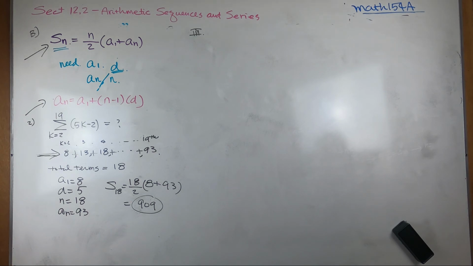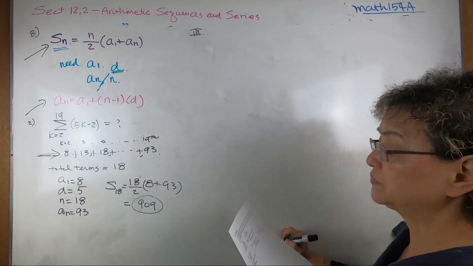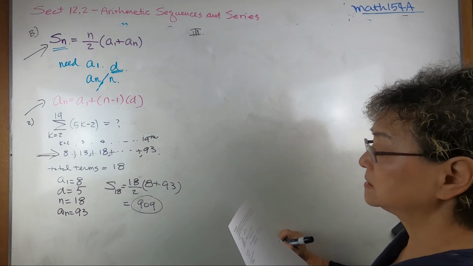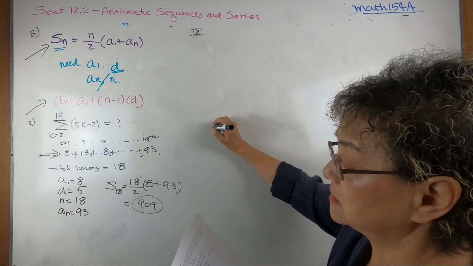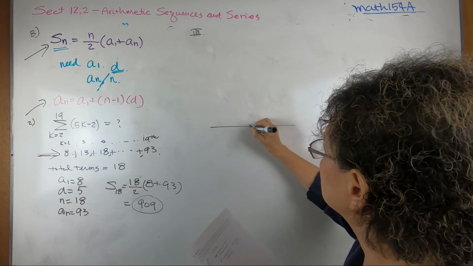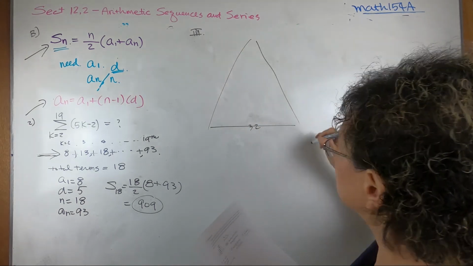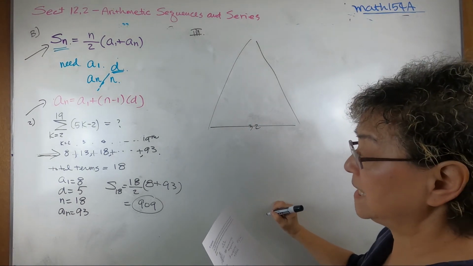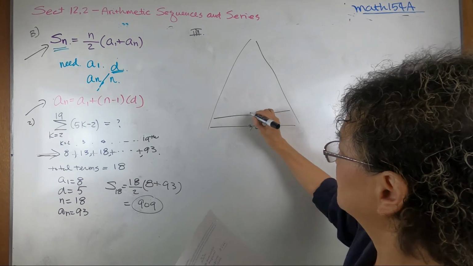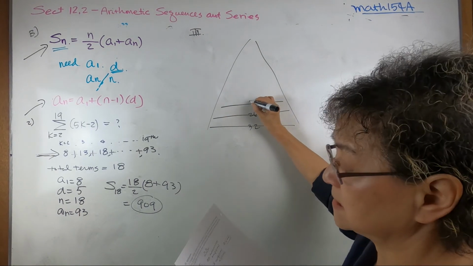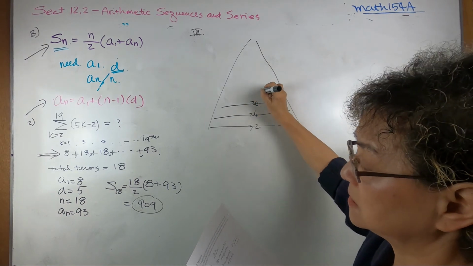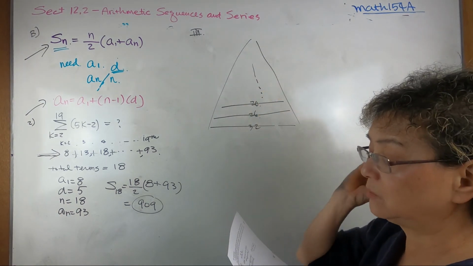Here it says, a triangle display of cans in a grocery store has 32 cans in the first row. They have a triangle display, right? Then the second one will be 26 in a row, 20 cans in the third row, then going that way.